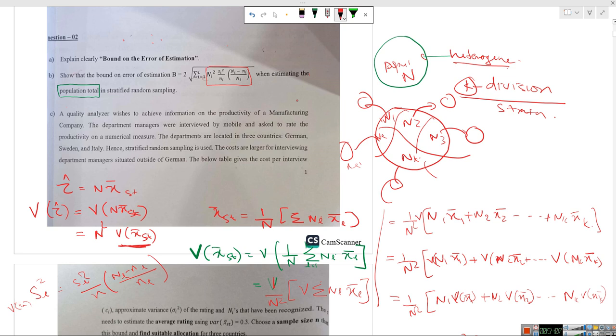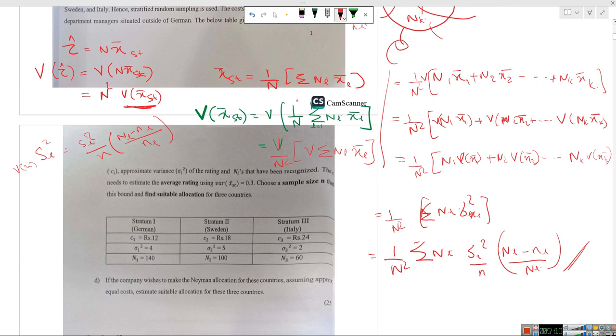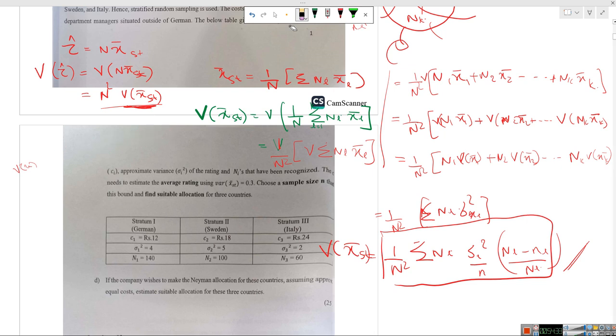They have found b is equal to 2 times the variance of tau hat, right? Now you see the variance of tau hat. I have found out this variance of x bar stratified. Now if I substitute this in this equation, it will become N squared times 1 over N squared summation Ni Si squared divided by ni, times Ni minus ni divided by Ni, right?